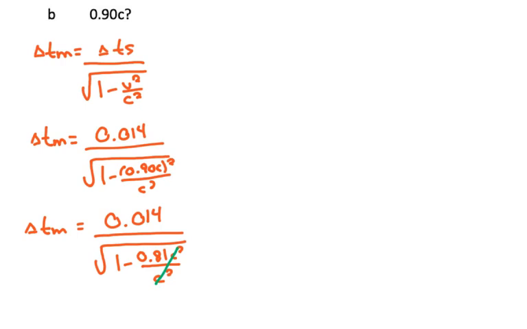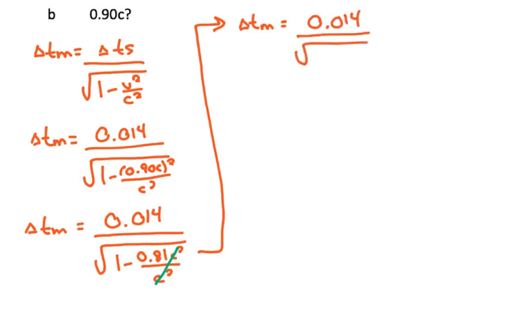Cancel the c's. We get on the bottom the square root of 1 minus 0.81, which will give us the square root of 0.19.